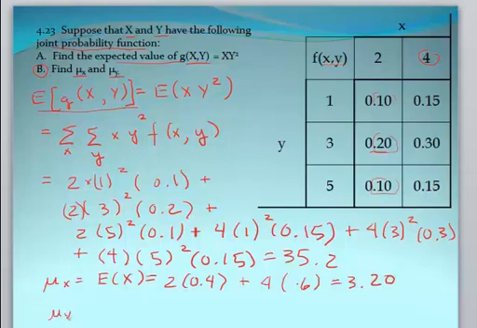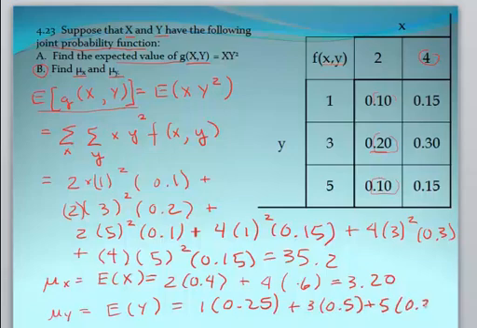And for the mean of y, it's going to be 1 times 0.25, right? So we're just summing those marginal probabilities. 3 times 0.5 plus 5 times 0.25. And all of that becomes 3.0.